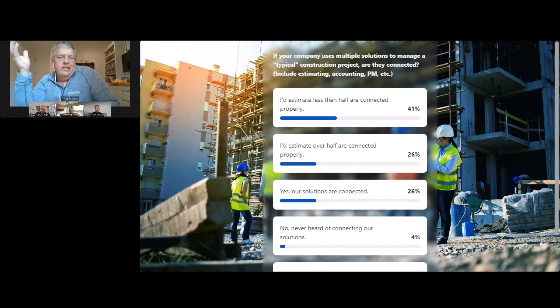Interesting that the stats came out on the questionnaire that a little over 90%, if I'm reading it correctly and my math is on, have systems that are at least connected. I would say that less than half of them are connected properly, which leaves a lot of room for growth.